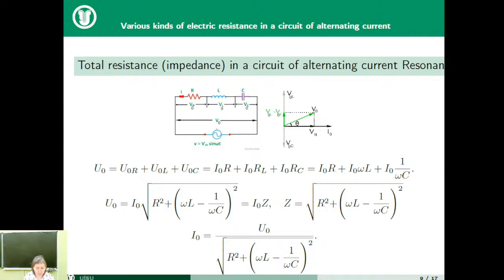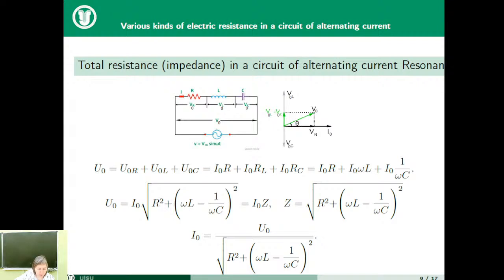From the diagram we can see that tangent theta is equal to coil resistance minus condenser resistance divided by R, the active resistance.